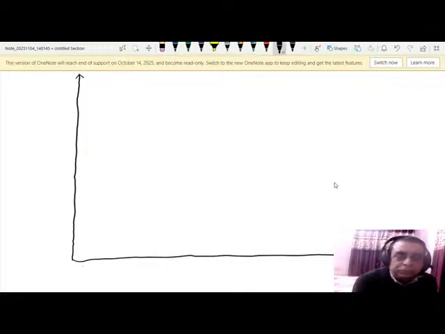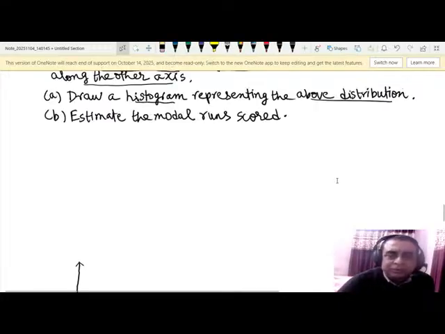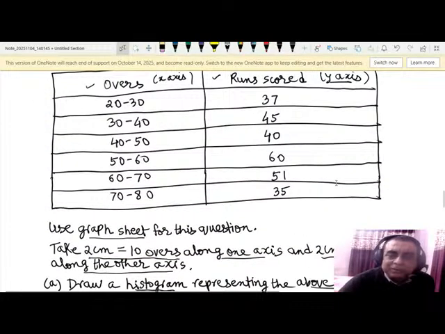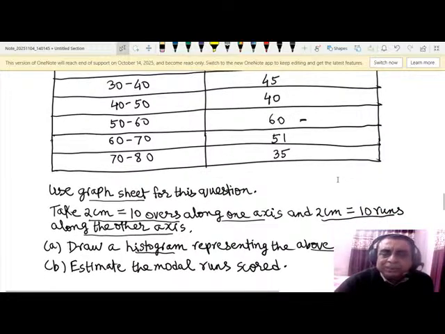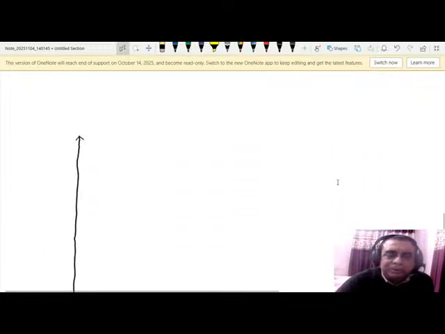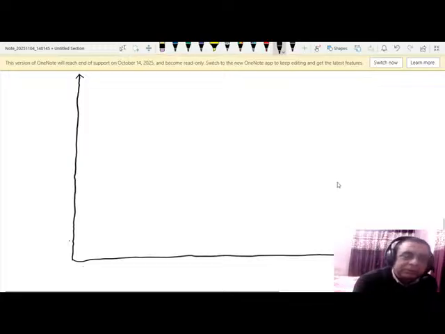Now mark here, each taking 2 centimeters. What is the maximum number of runs? It is 60, so we have to draw up to 60.